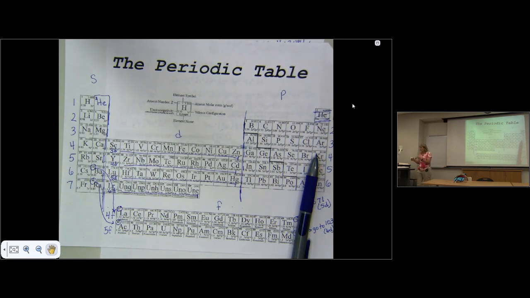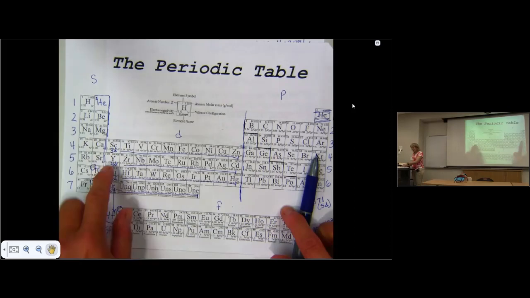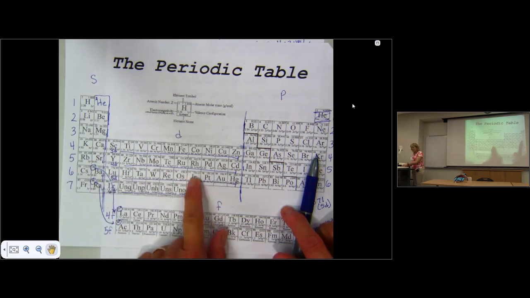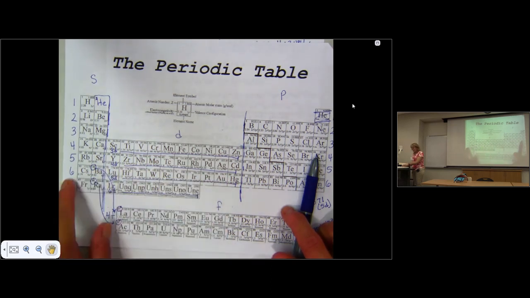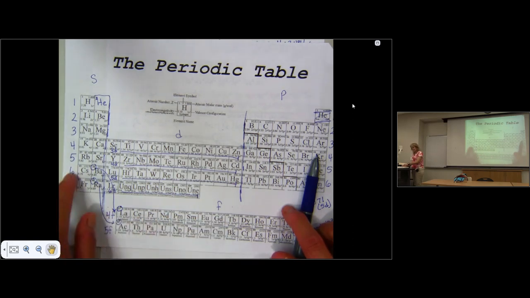So even though you write 3D, who's outer? 4s. Even though you write 4D, who's outer? 5s. Even though you write 5D, who's outer? 6s. Even though you write 4f, who's the outer? 6s. And 5f, who's the outer?